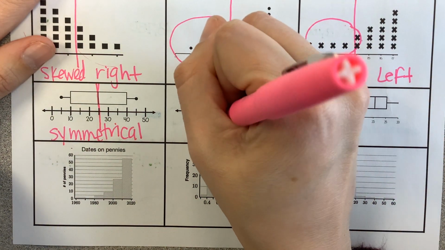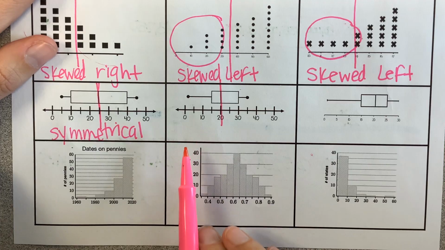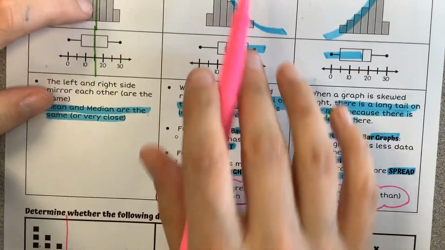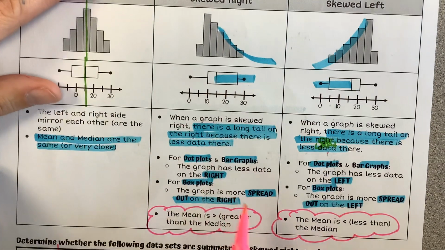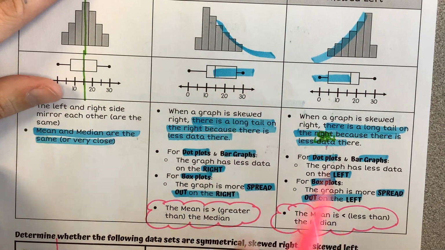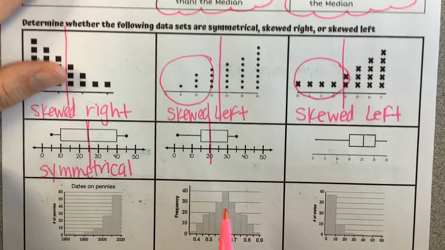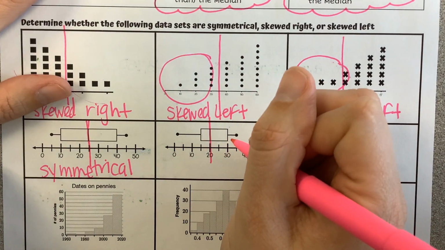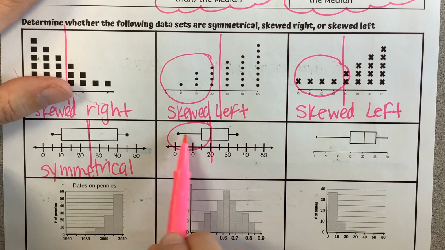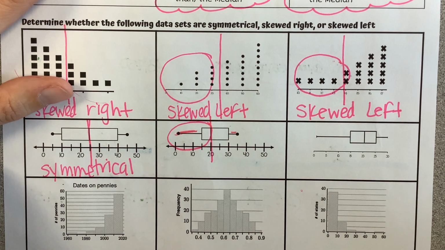Here, when I divide it in half, for box plots, if it is skewed to the right, it is more spread out on the right side. It stretches out more on the right side, and it's the opposite for the left. So it is more stretched out on the left side here. This is way longer than that, right?